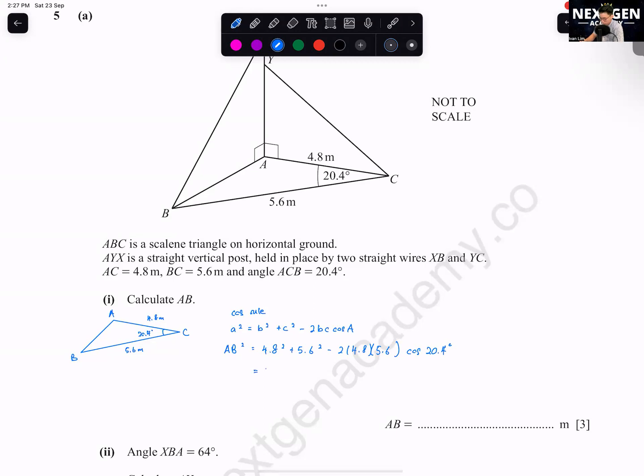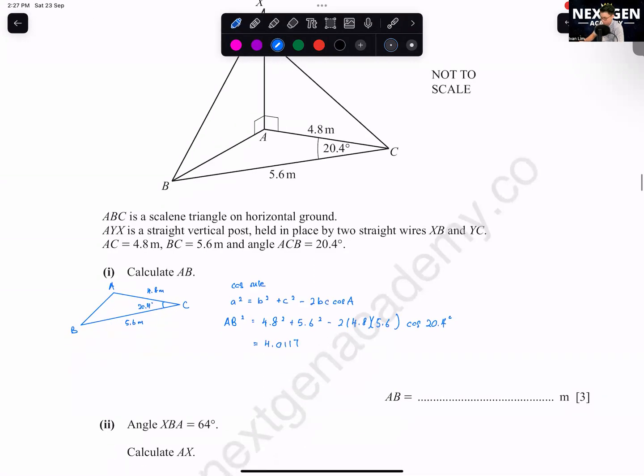You type the whole thing in, you should get 4.0117. AB, you just need to square root it. 4.0117, which is equals to 2.00. Okay, so this is 2 meters.